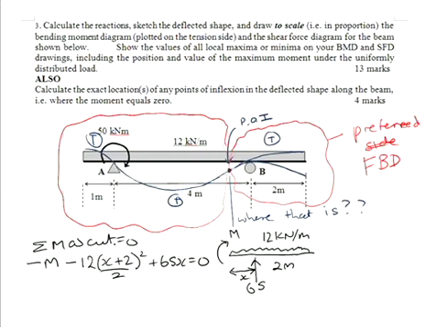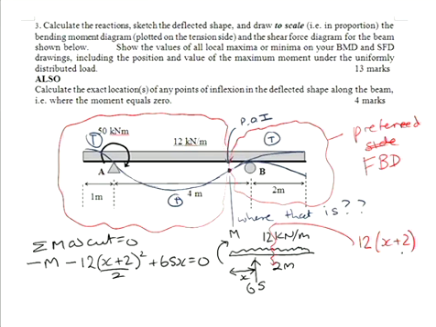Where did I get this 12 (x plus 2) all squared on 2? Well, my total load from my UDL, that total load in there, is 12 times my distance here, which is x plus 2. So that's my resultant load.